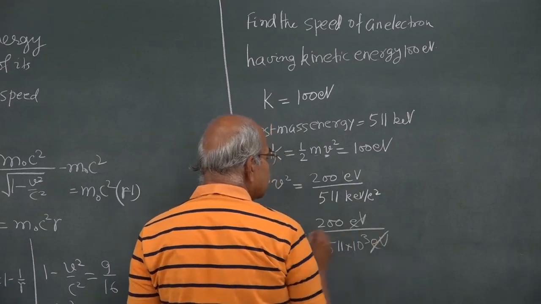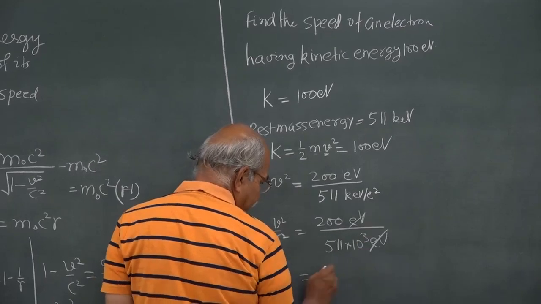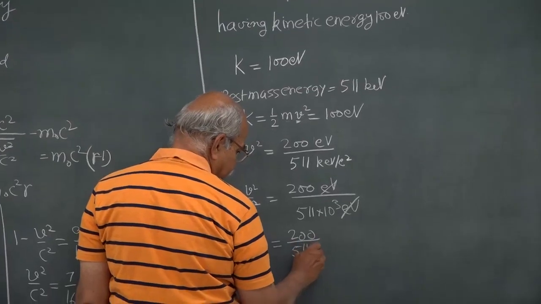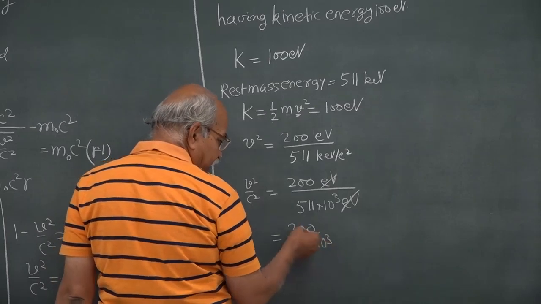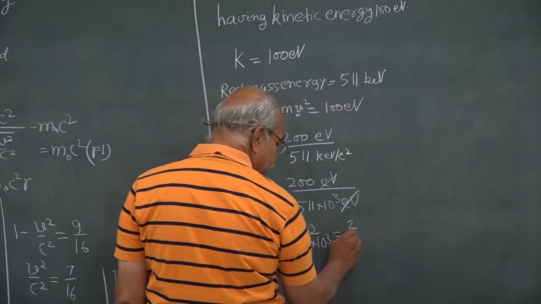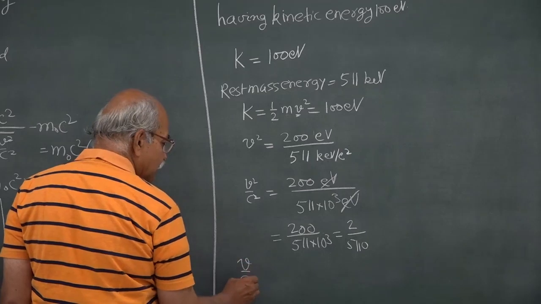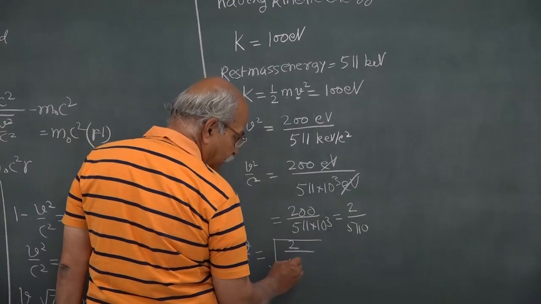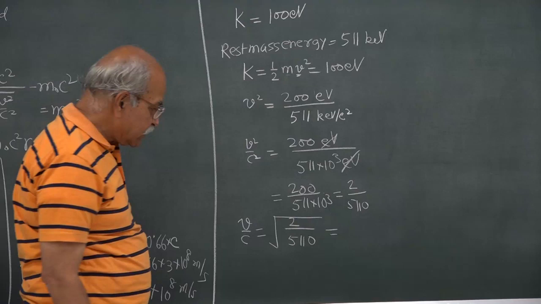So, eV cancel out and you can solve it. You can cancel the 100, so it is 2 divided by 5110, and from here v by c will be the square root of 2 by 5110.